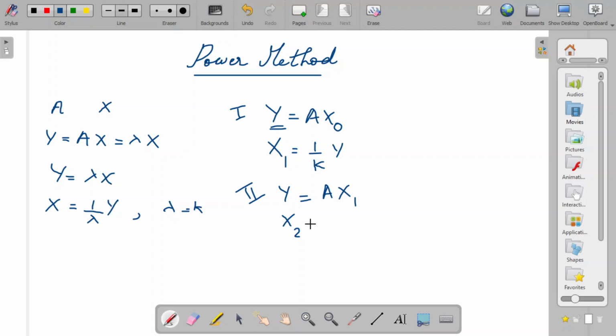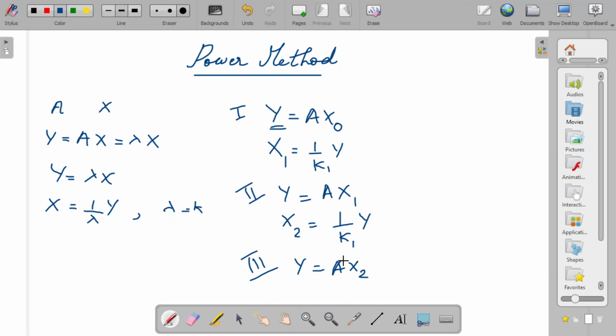From this I find x2 as equal to 1 by k1 times y, where k1 is now the value which is largest in magnitude in this y. So I got the new x2. With that new x2, I will find the new y as A x2.